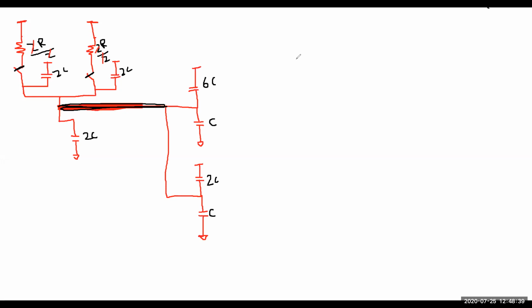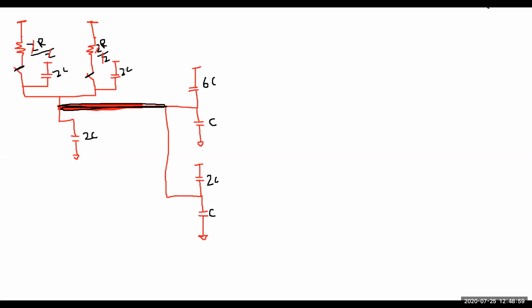When capacitors are parallel, what do they become? They become added, right?